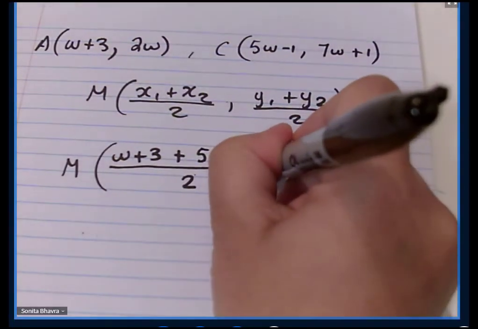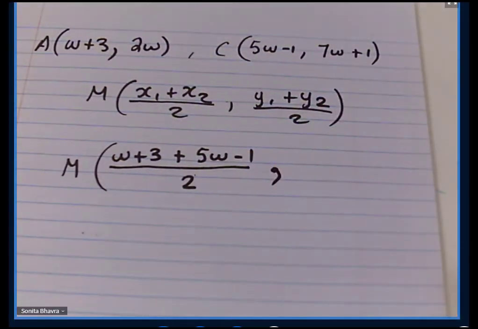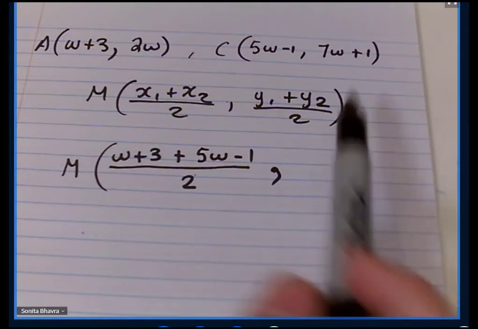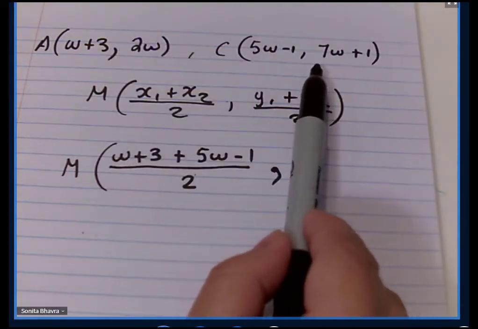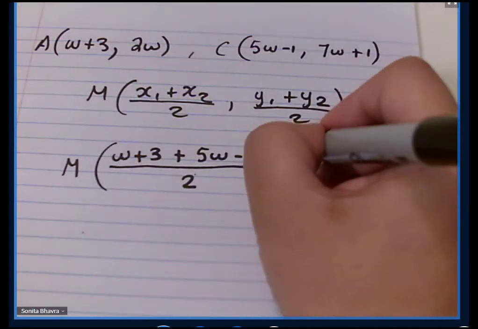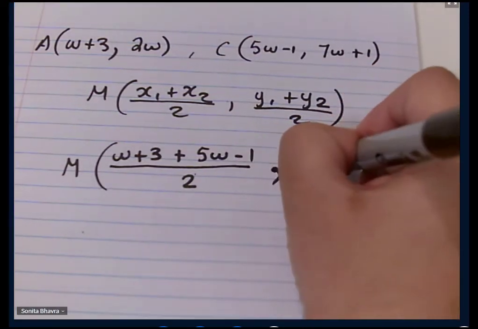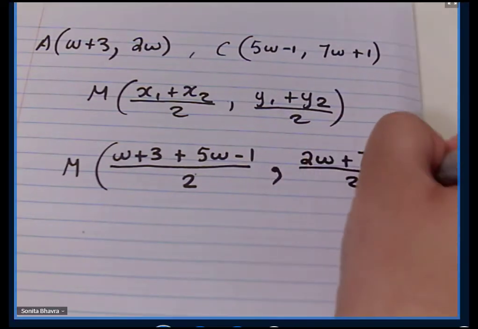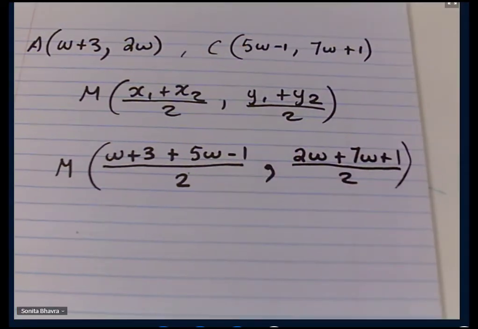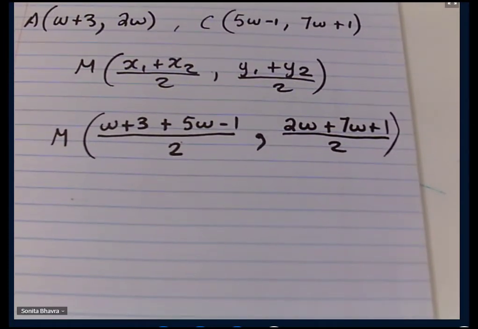And for our y values, y1 plus y2, so y1, that's 2w plus 7w plus 1, and it's divided by 2. All right, so let's collect our like terms and simplify.